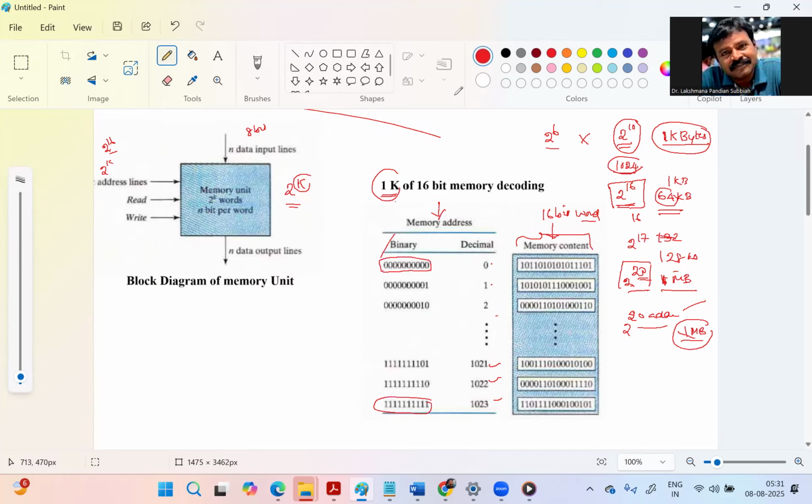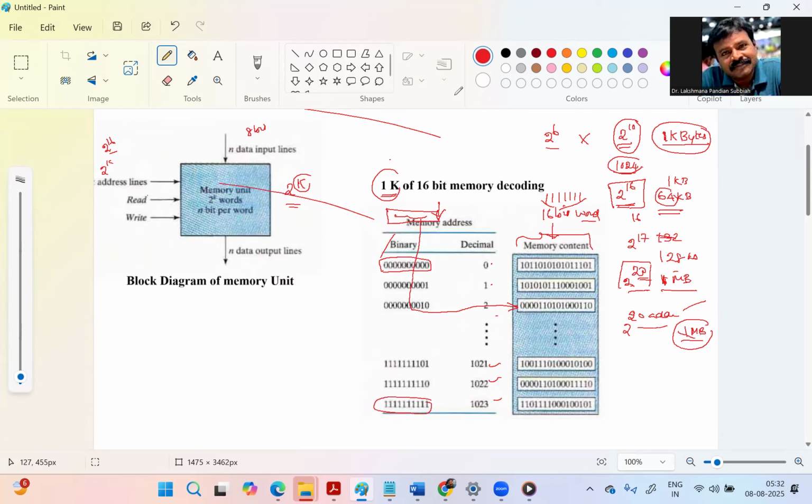First, we give the address to the address latch. In that address latch, you place the address value. The address value enables the corresponding location. Then the 16-bit data on the data line is going to be stored, and you give a read or write cycle.